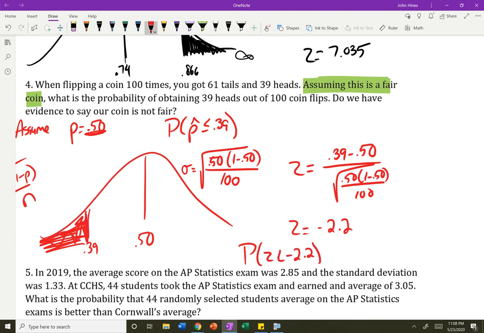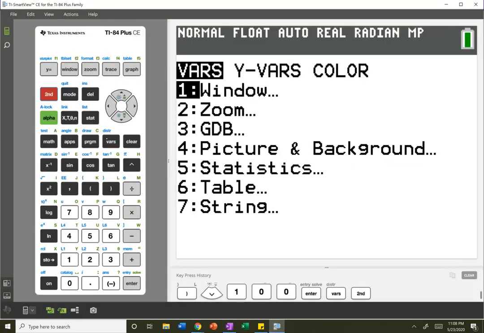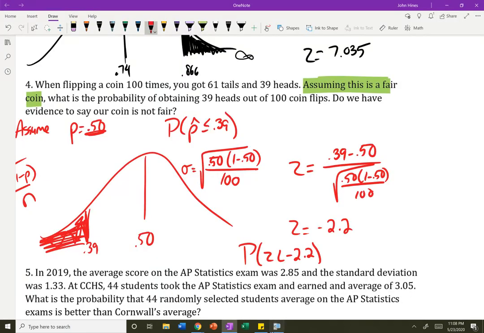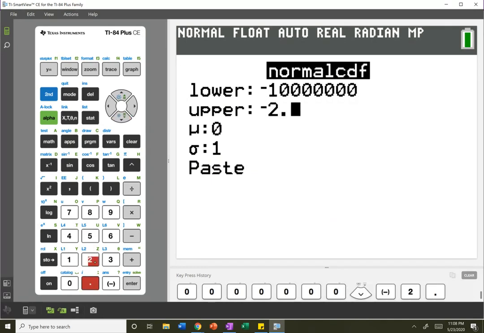So what's the probability z is smaller than negative 2.2? Well, distribution, second vars, normal CDF. Let's look at our picture. Lower bound, I'm going down to negative infinity forever, and then my upper bound was negative 2.2.